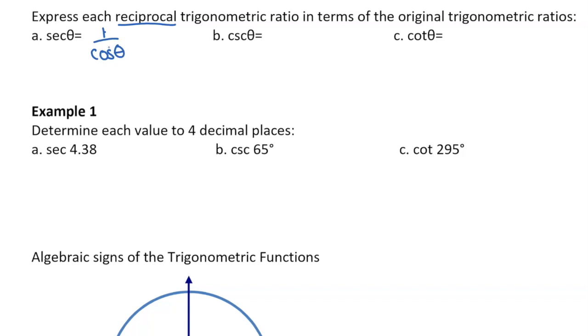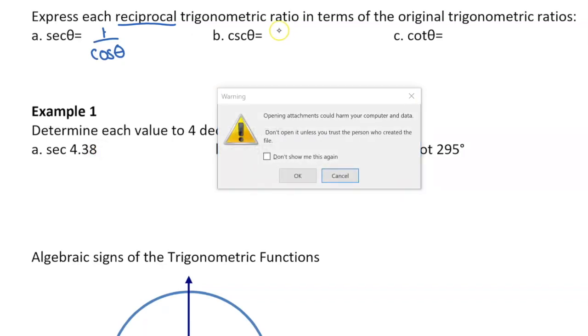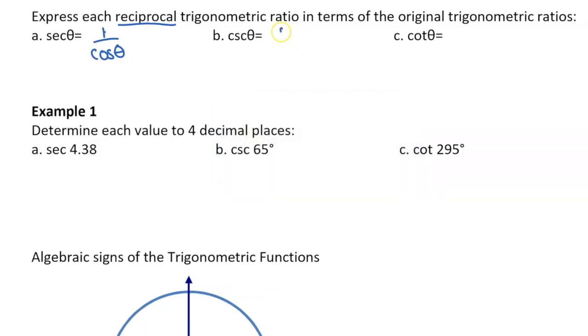Okay, that's the reciprocal right there. And we could do that for each of these two here, which is 1 over sine, and then right here, this is going to be 1 over tan.